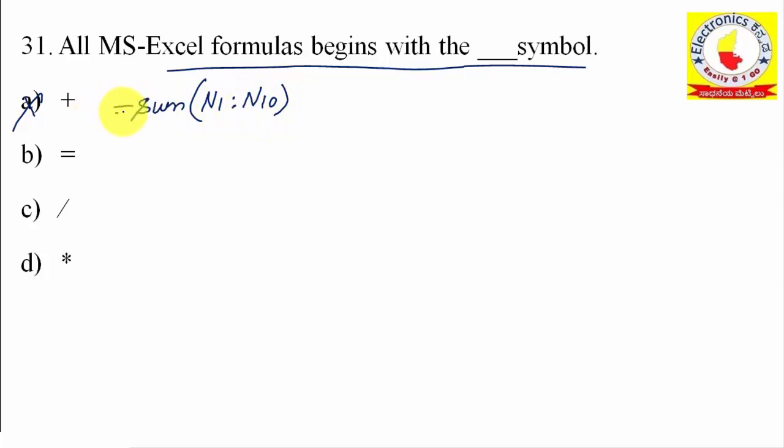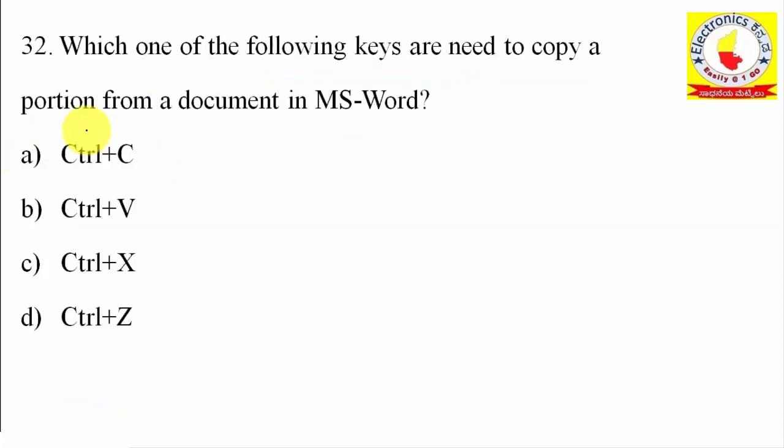So what do I write? I am going to begin with the equal to symbol, and I can write equal to SUM of N1 to N10, right? Or else I can declare IF conditions. All sorts of flexibility you will have. So option B is going to follow.